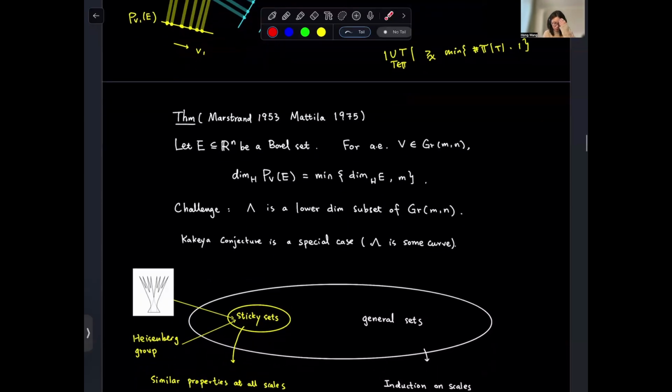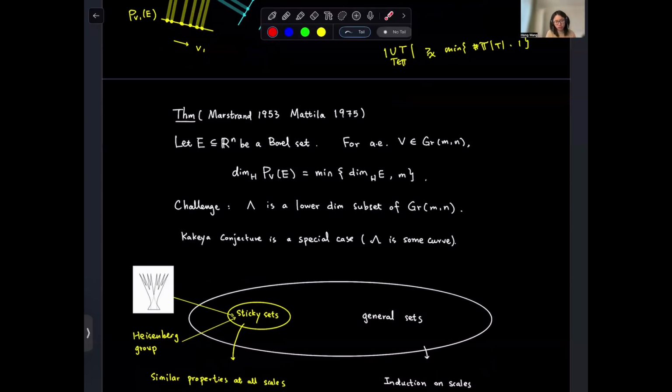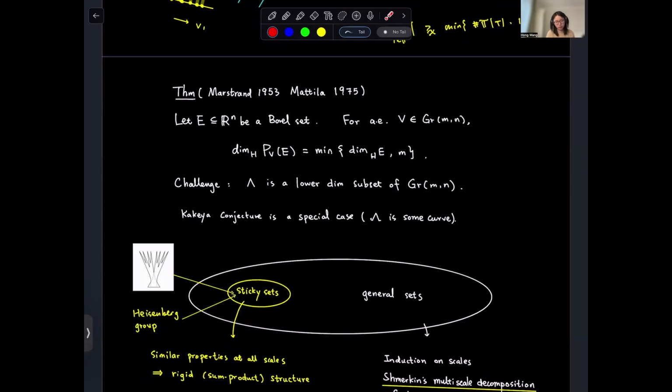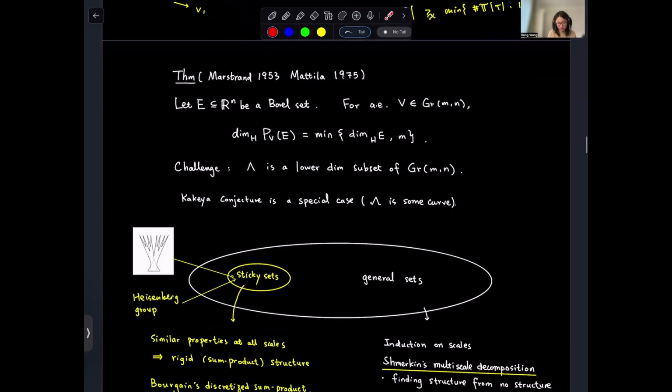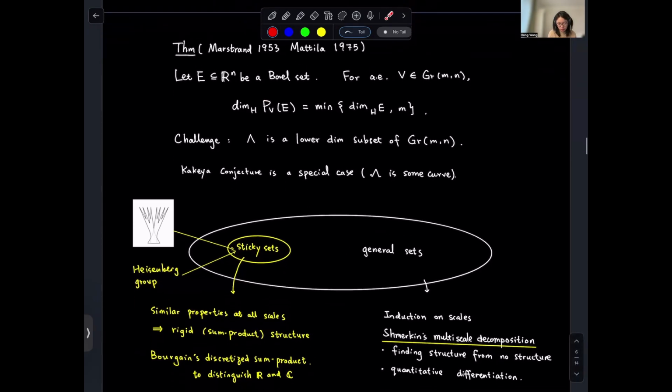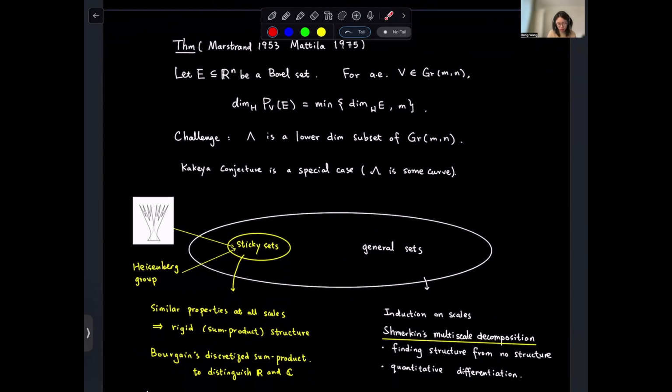Now I'm going to talk about some of the general strategies people found in recent years to study problems in projection theory. In the space of all sets, for example all Borel subsets of R^n, there is a special class called sticky sets, which share similar properties at all scales and have a very rigid structure.